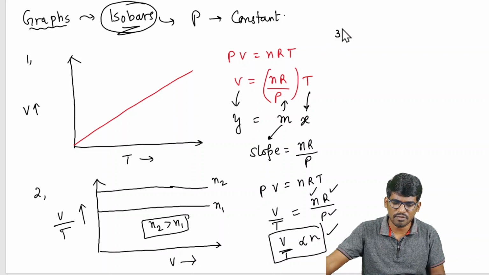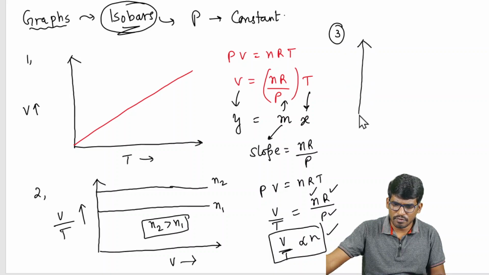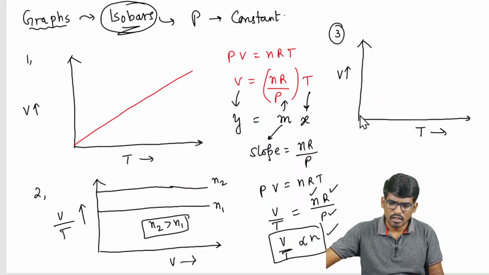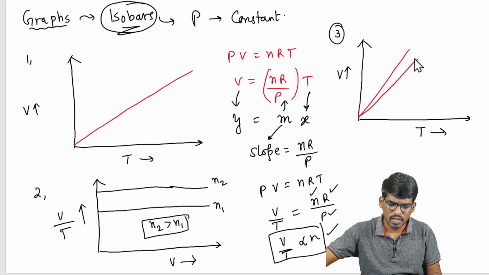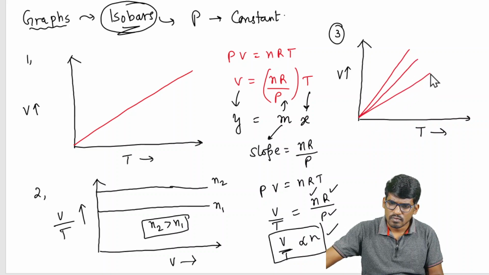It's a very important graph, of course. And I'm taking one more graph. This time also volume is on the y-axis and temperature is on the x-axis. Let us say we got different graphs like this, and the pressures are labeled P1, P2, and P3.